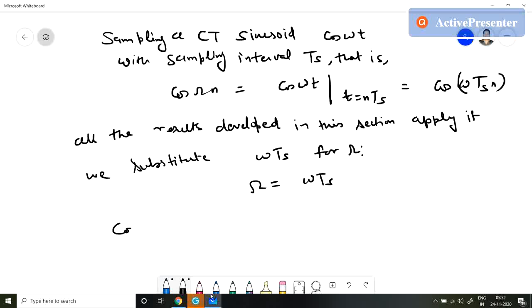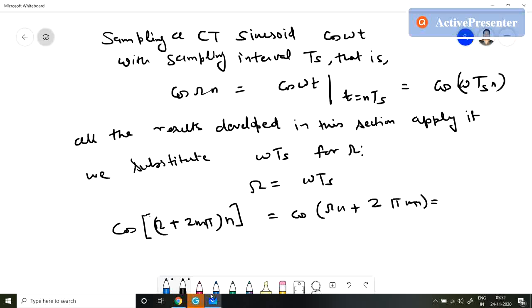It is also interesting to note that cos(Ω + 2πm)n equals cos Ωn if m is an integer.